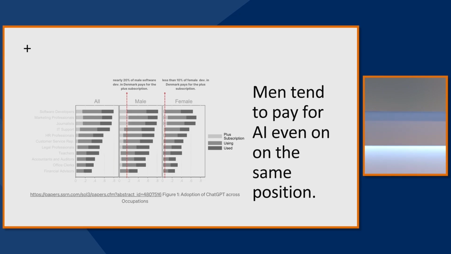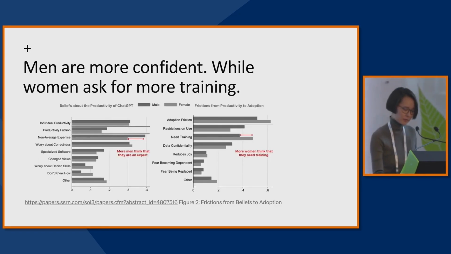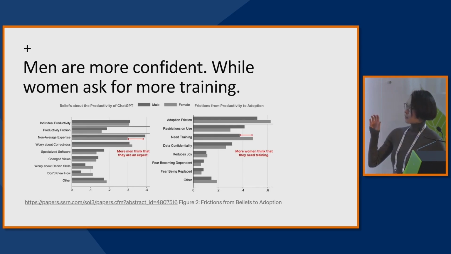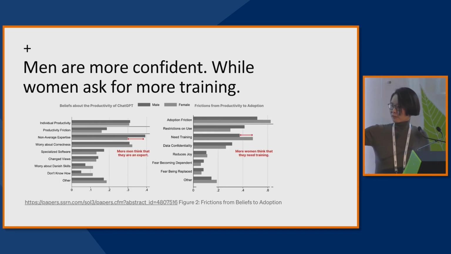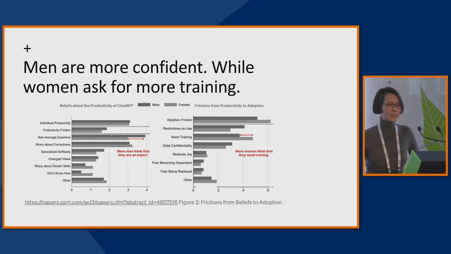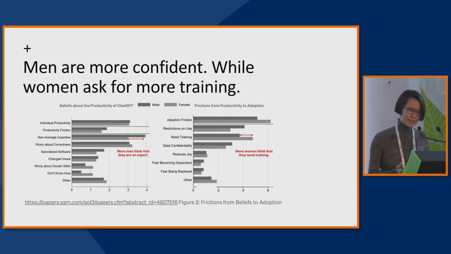The good thing is that there actually is an explanation here. There are two other graphs that I screenshotted from the study. The one on your left-hand side is what people believe their ability is when they use ChatGPT.